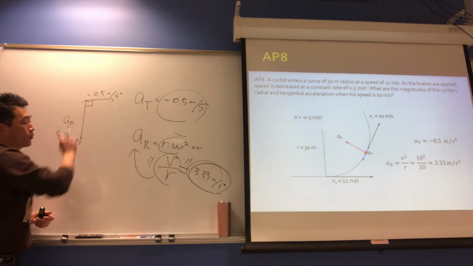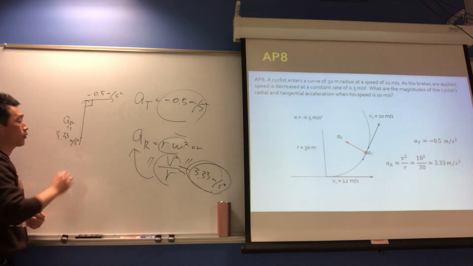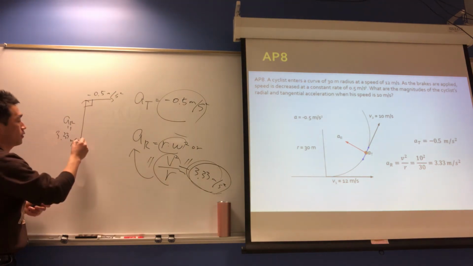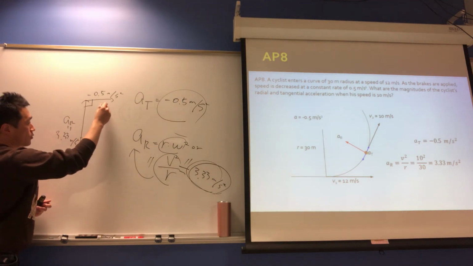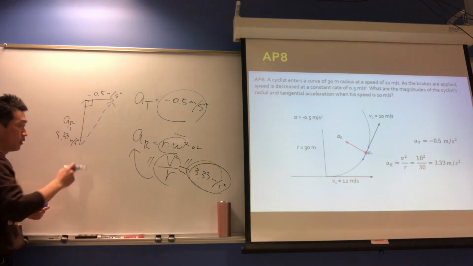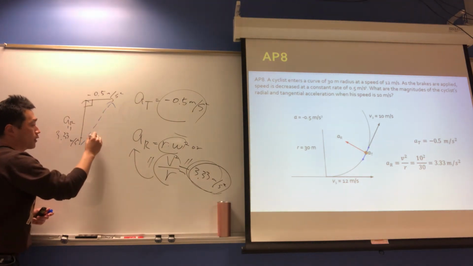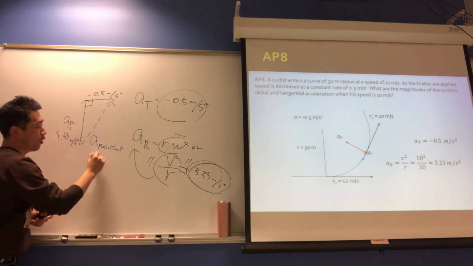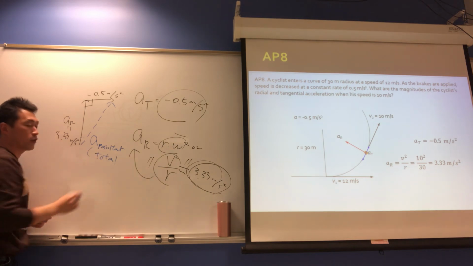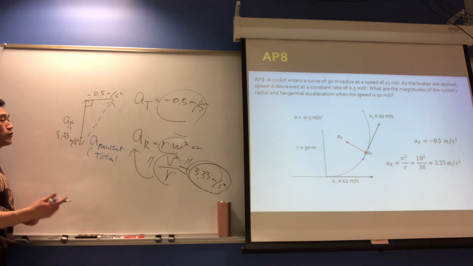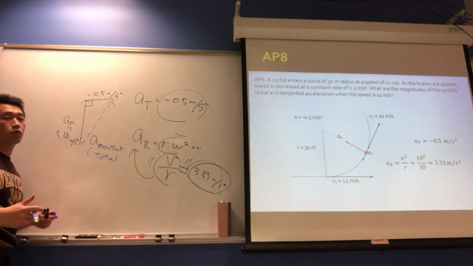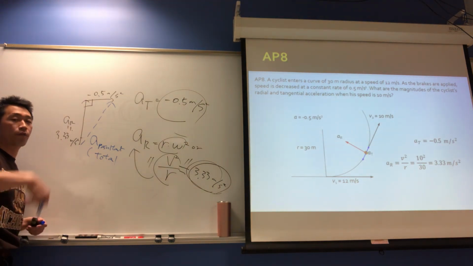Still perpendicular to each other, right? Now, tip to tail, we can connect these two. This blue one will be the resultant, or total, acceleration. Once you get these two, which are perpendicular to each other, you can go one step further.